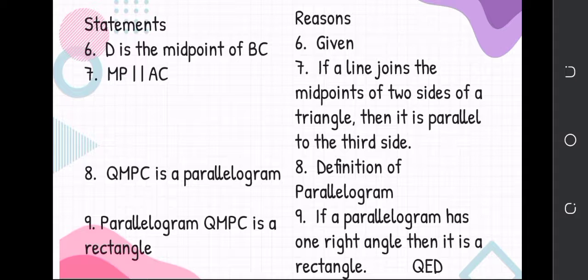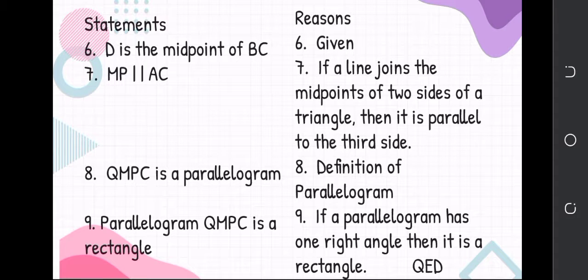Number 6, P is the midpoint of BC, given, and also line segment MP is parallel to line segment AC. For the same reason as in number 5: if a line joins the midpoints of two sides of a triangle, then it is parallel to the third side. Number 8, QMPC is a parallelogram. Why?